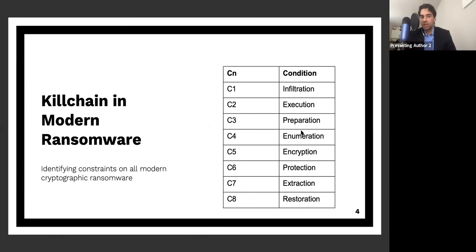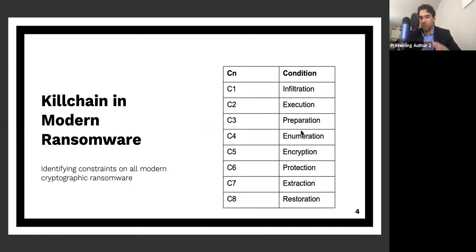So this is the kill chain in modern ransomware that we've identified. These are key constraints that bind the activities of ransomware developers. As you can see, it begins with infiltration. Cryptographic ransomware that are encrypting data on the host must first infiltrate the host in order to encrypt the data. From there, they need to execute, otherwise they lie dormant as just a file on the machine.